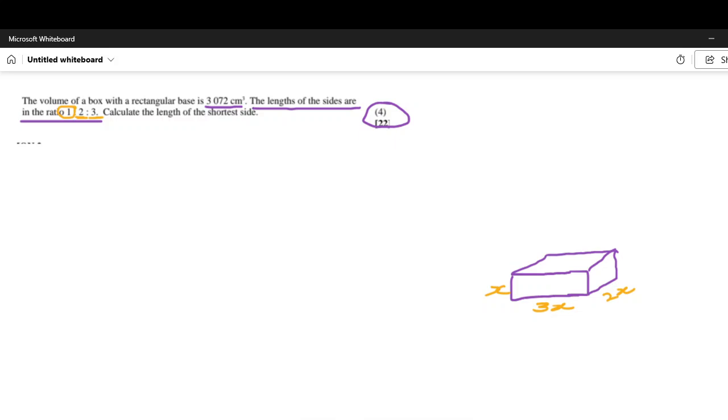The volume is equal to the length times the breadth times the height.